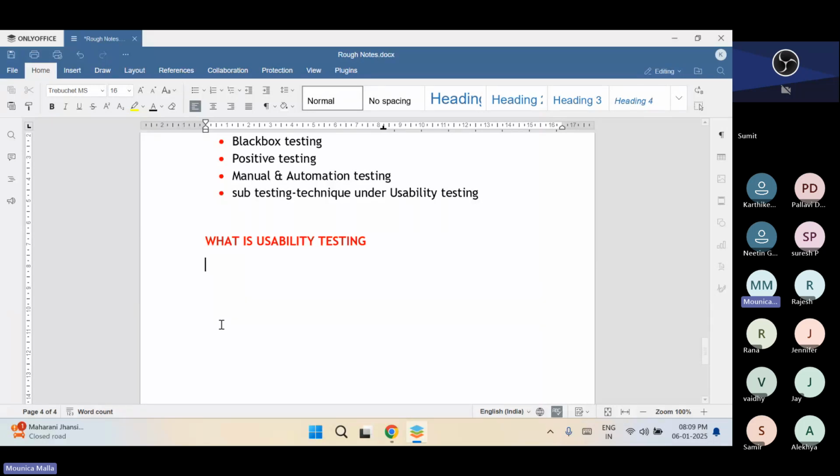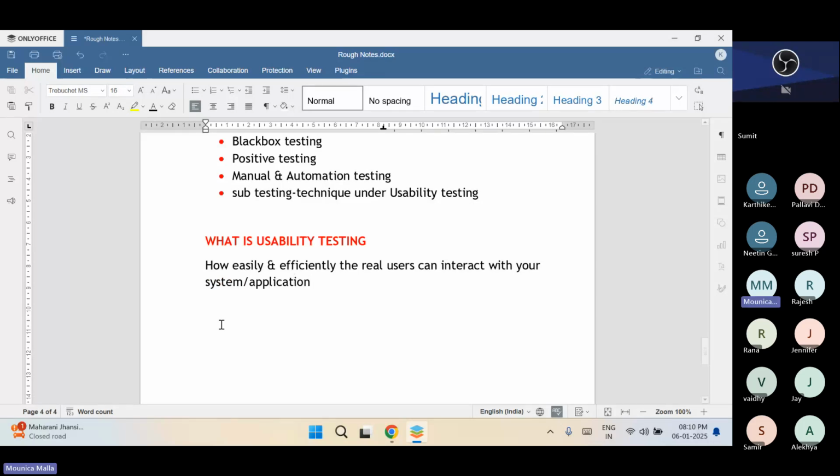Now I would like to define what is usability testing. In general, usability testing refers to how easily and how efficiently the real users of your application can interact with the system, meaning with your application.